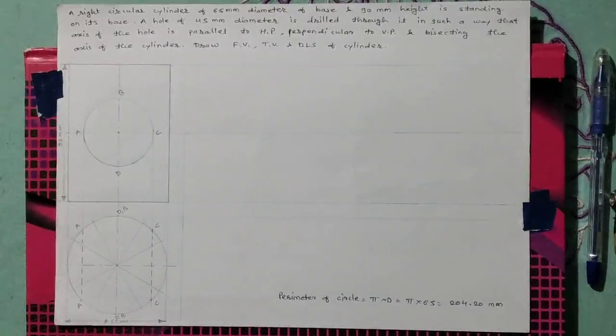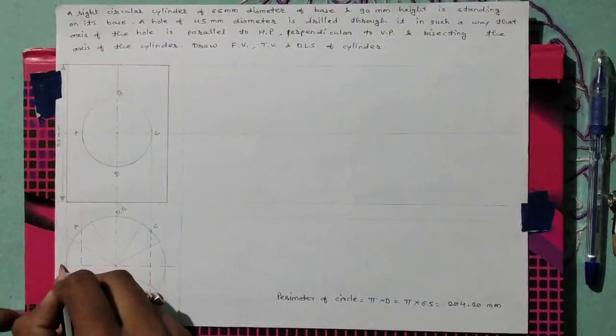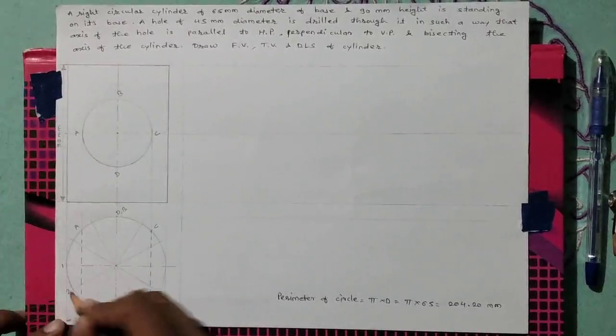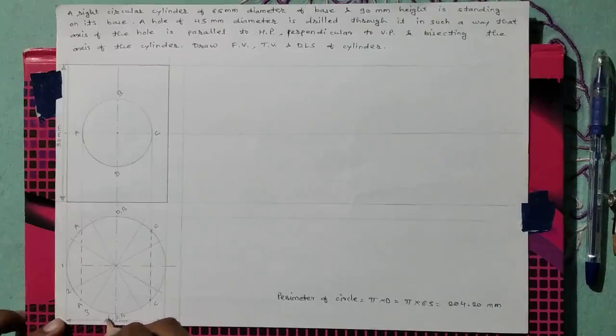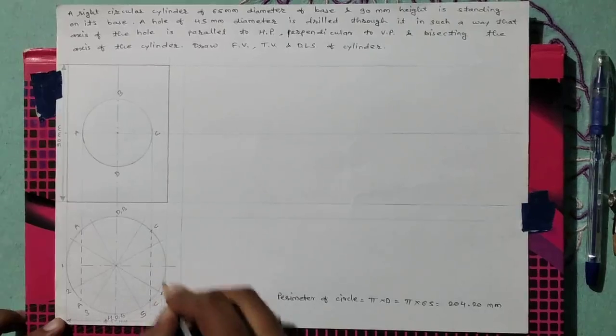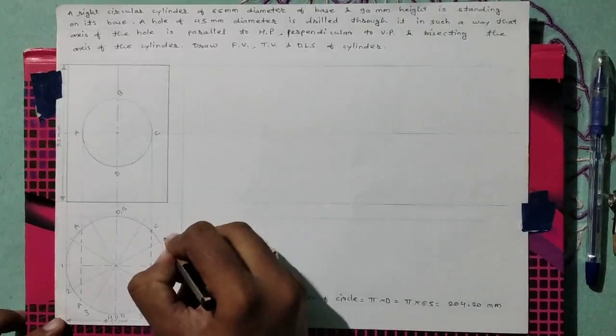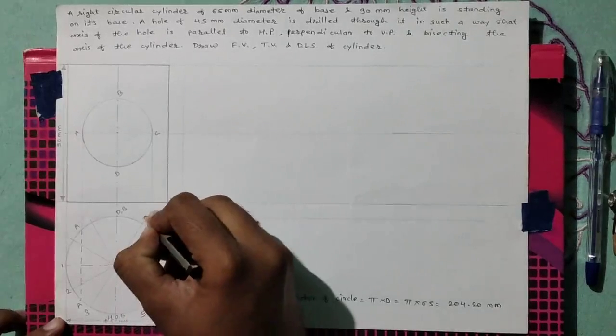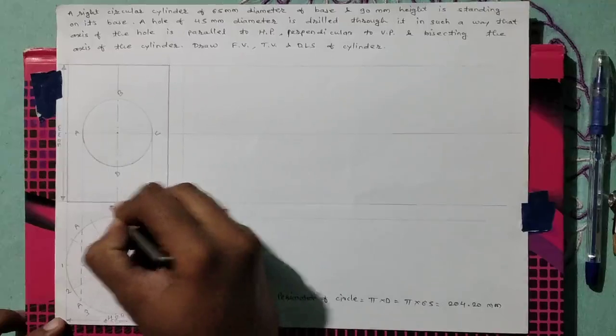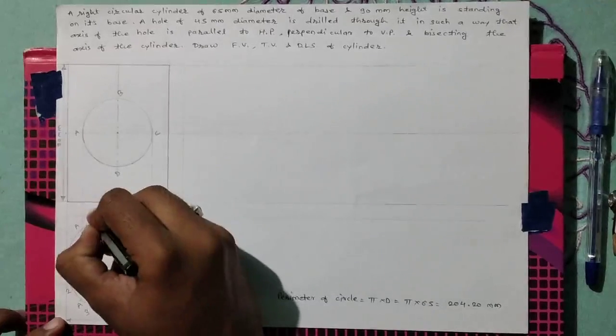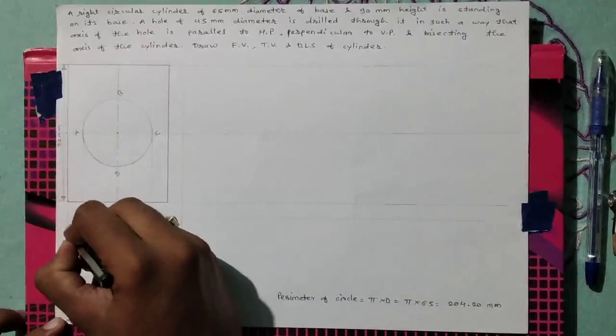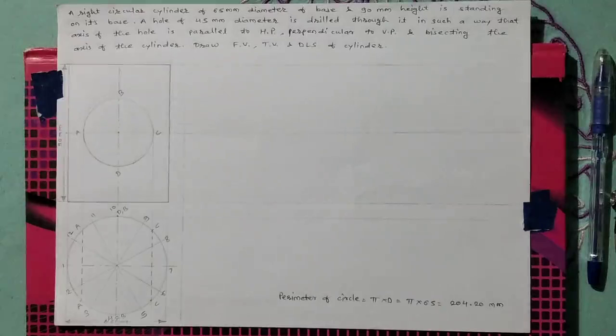Name these parts as 1, 2, 3, 4, 5, 6, 7, 8, 9, 10, 11 and 12. This circle is divided in 12 equal parts.